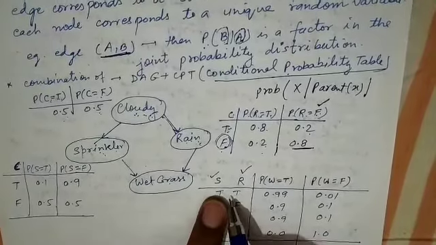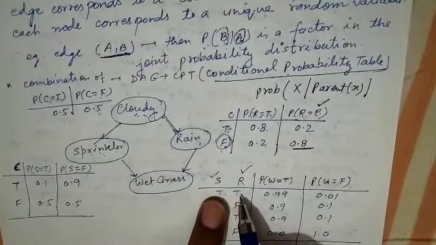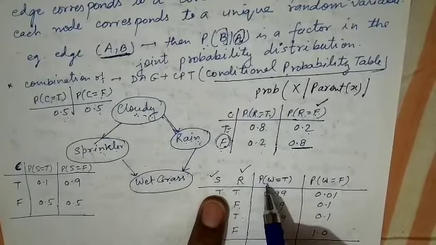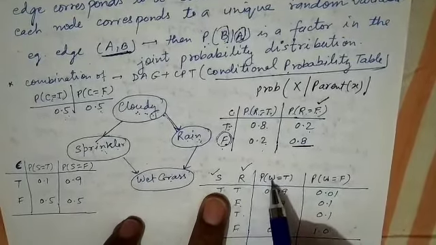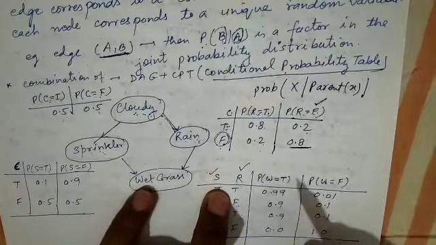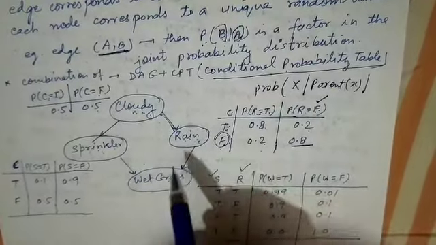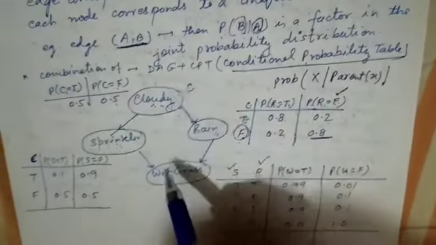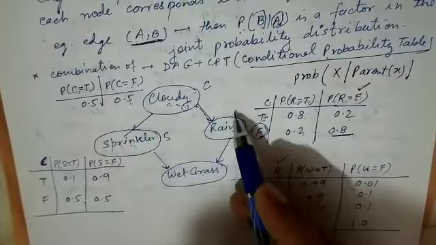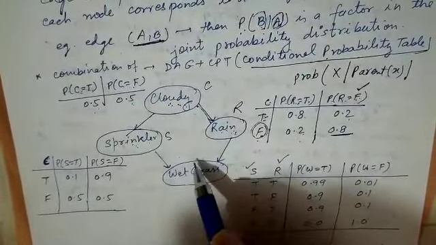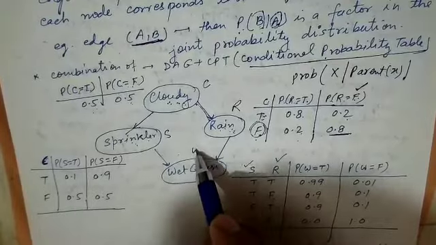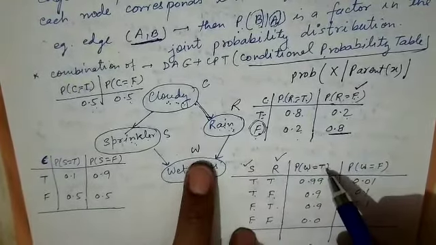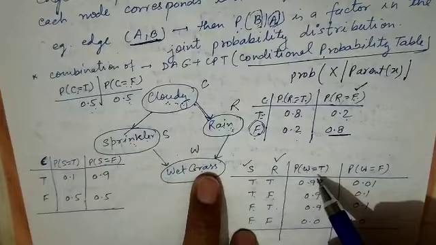If both are true, the sprinkler is working and rain is also happening, then what is the probability that the grass will be wet? Wet is equal to true. Just see here, we are giving a naming convention: for cloudy we use C, sprinkler S, rain R, and for wet grass W. So if W is equal to true, the grass is wet.